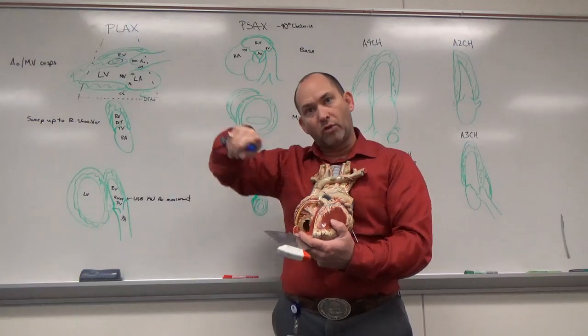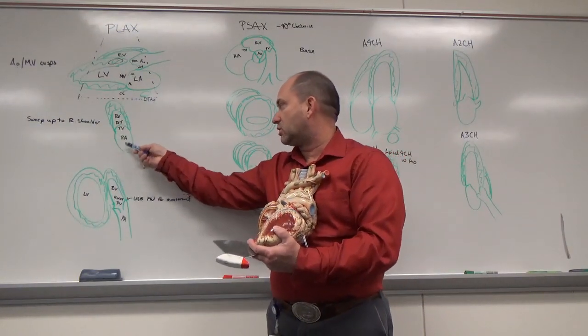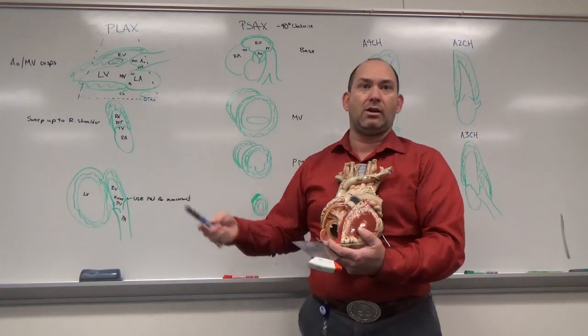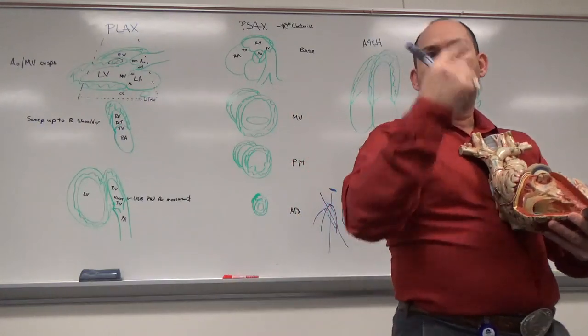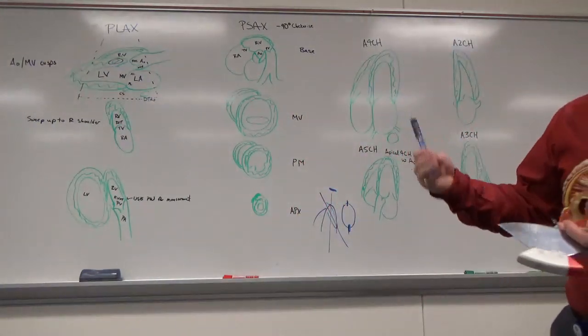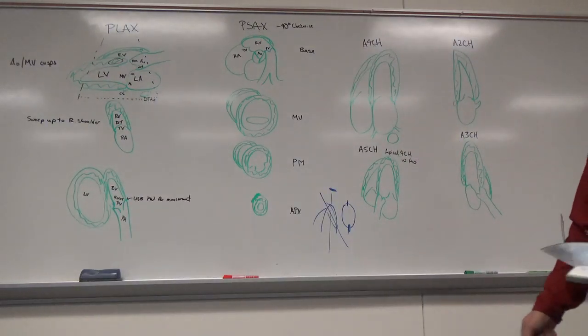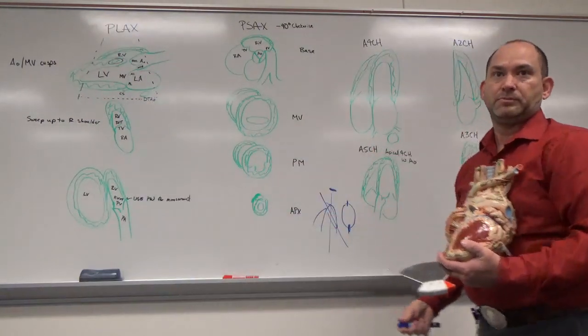So you may not see that perfectly nice rounded atria. You might just see some artifact and a valve and you're just happy to see the valve. So what direction is the valve pointing? If it's pointing up into the ventricle, that's my tricuspid valve. If it's pointing out away from the ventricle, that's the pulmonary valve. So you can tell by the direction that the valve tips are pointing.